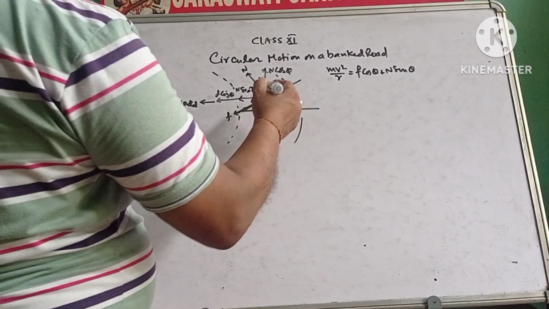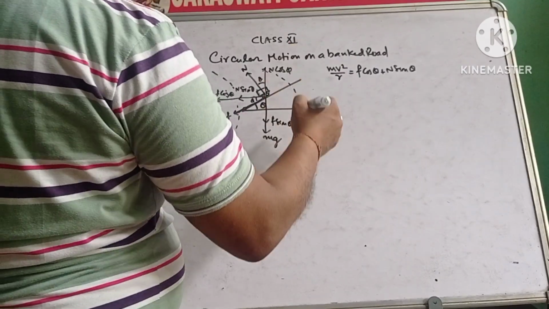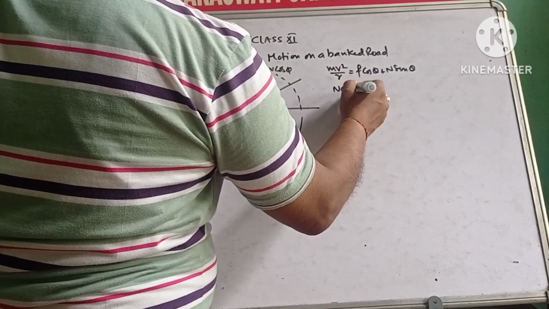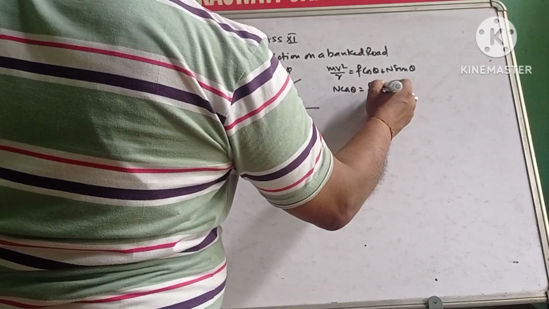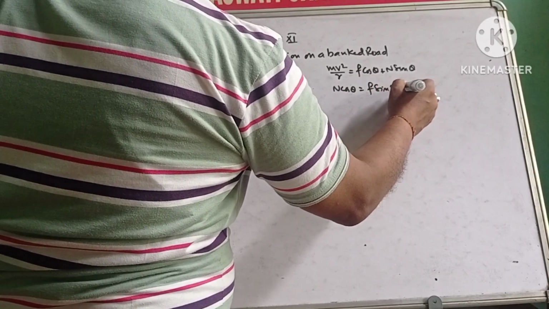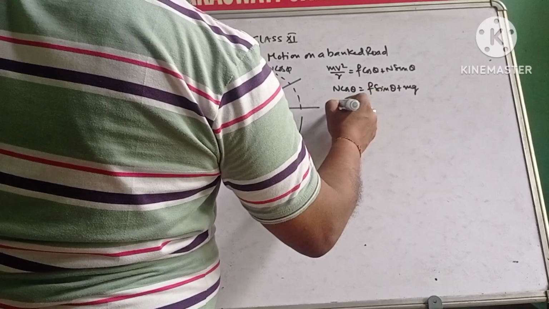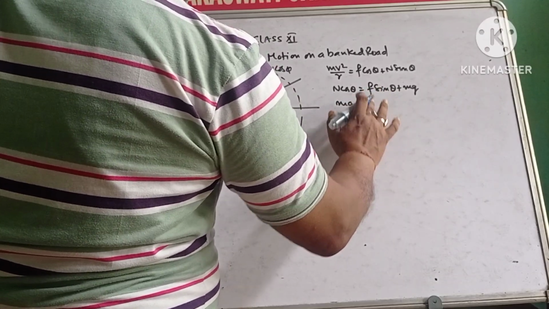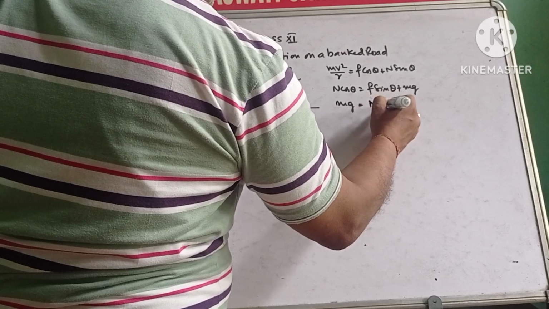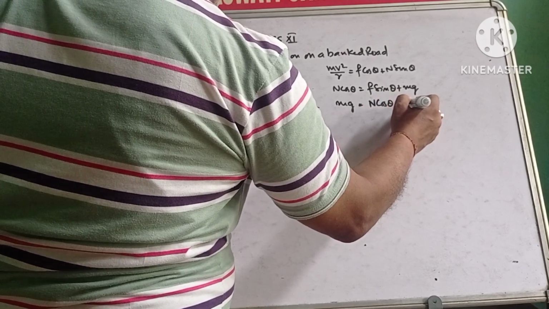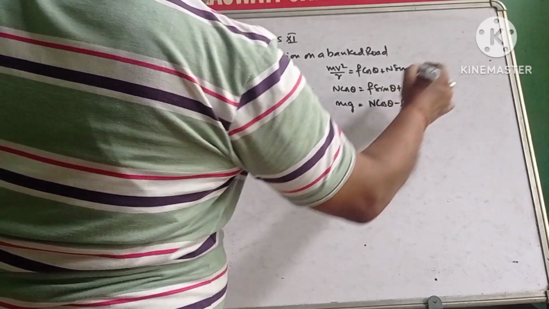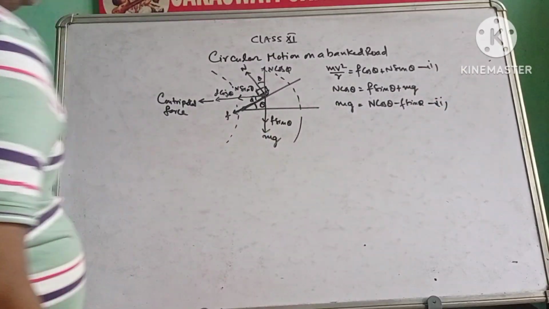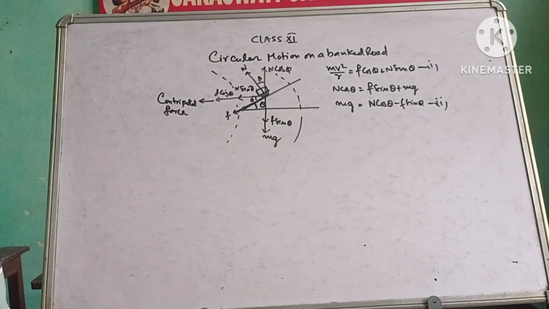And next, these vertical forces are balanced, that is N cos theta is equal to F sin theta plus mg. So mg is equal to N cos theta minus F sin theta. So this is equation 1 and this is equation 2.